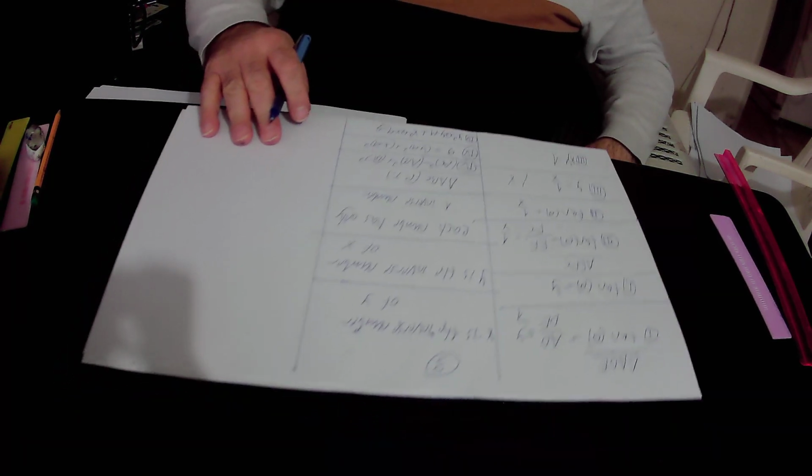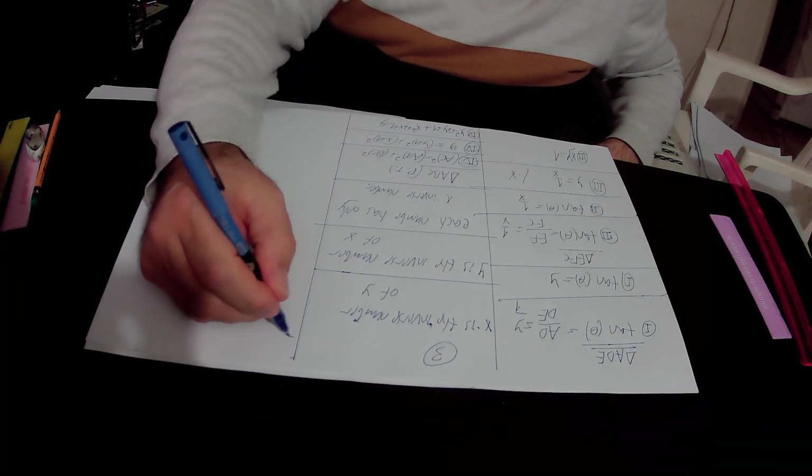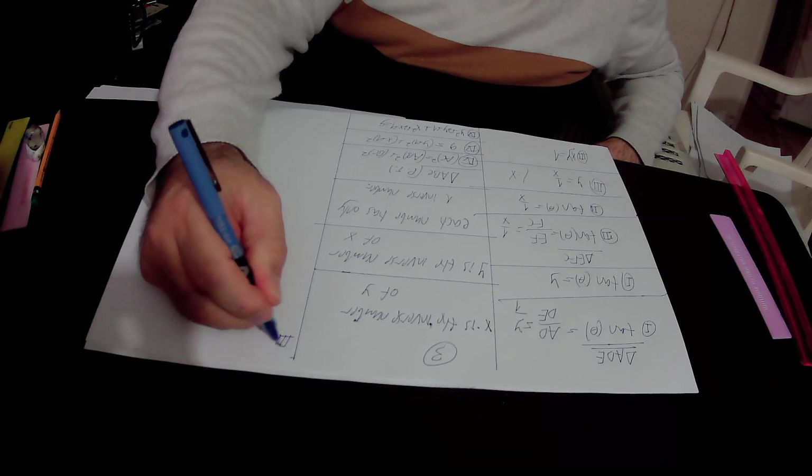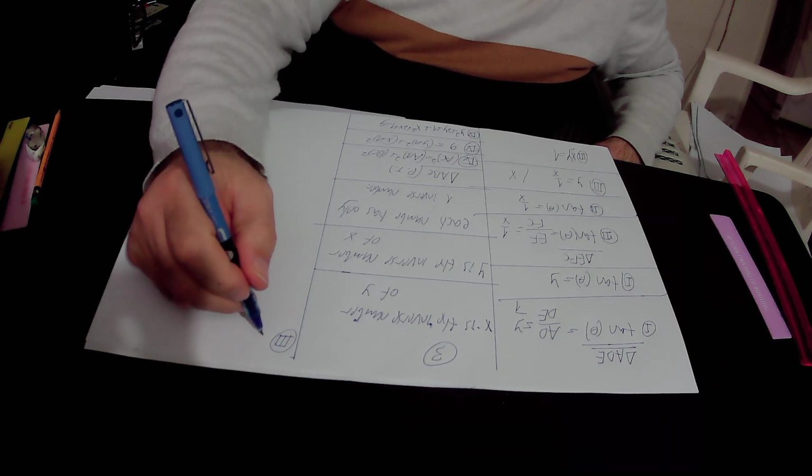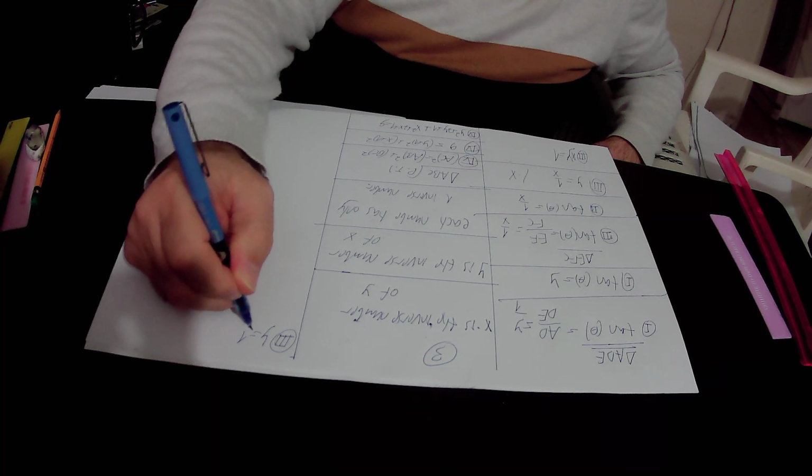And we also know that according to equation number 3, Y is equal to 1 over X.